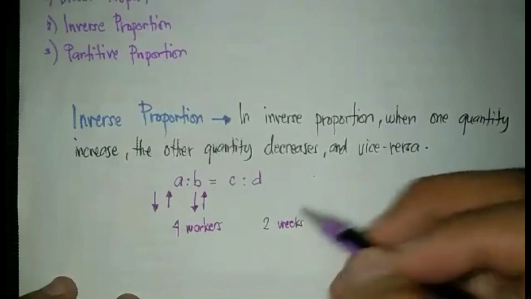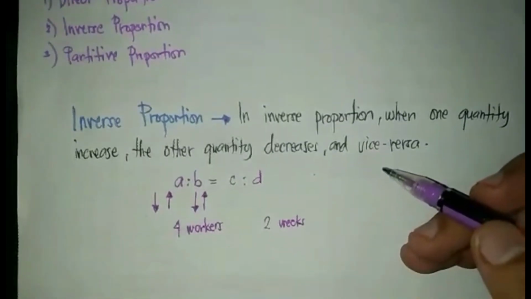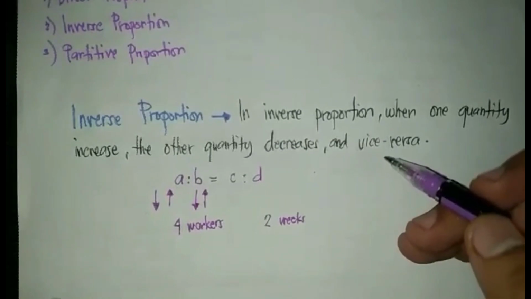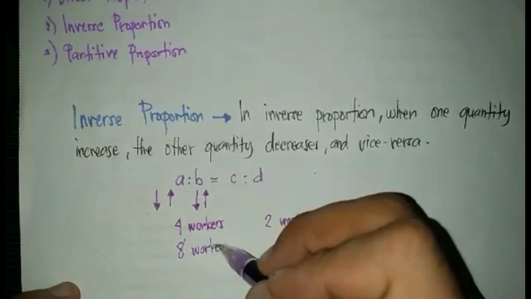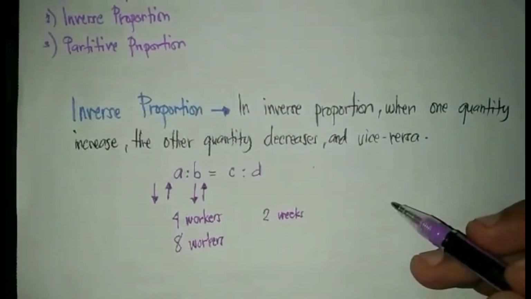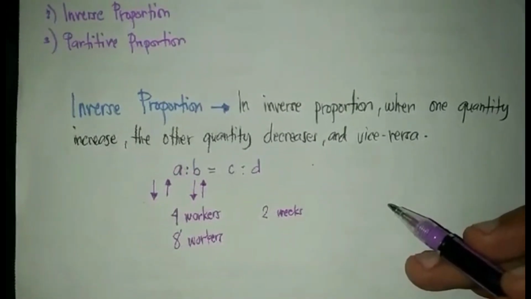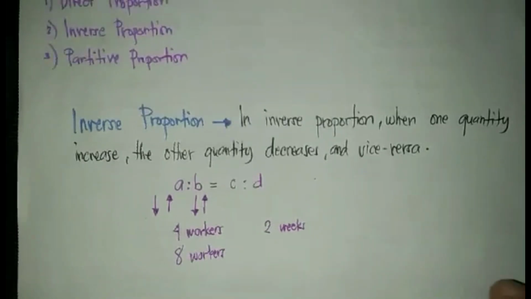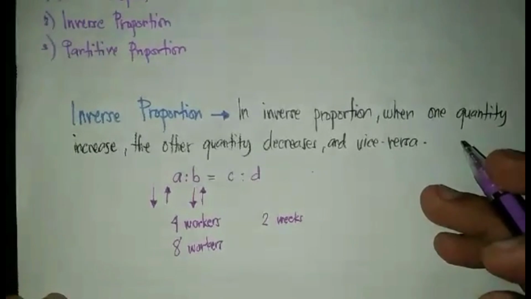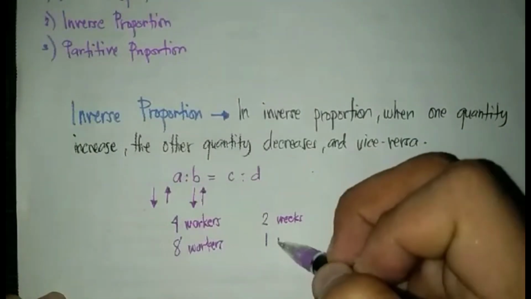Okay? So, ngayon, kung mag-hire siya ng 8 workers para gawin yung kanyang bahay kasi nagmamadali siya, most probably, magiging mas maiksi yung time frame ng paggawa ng bahay. So, pwedeng maging 1 week lang yun.